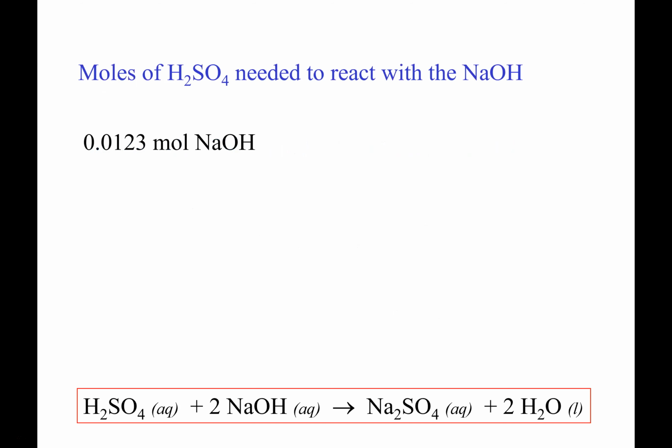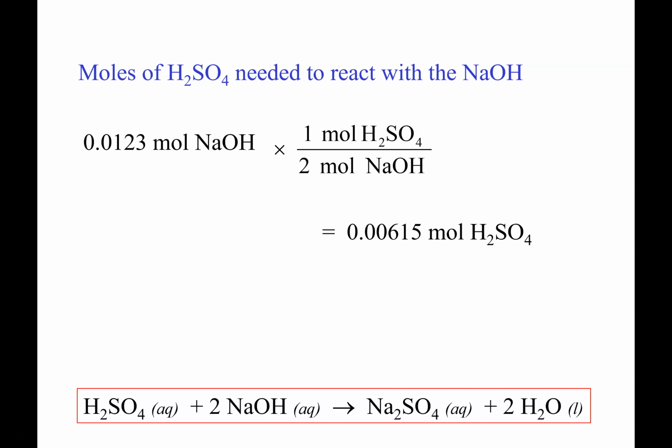I want moles of NaOH to cancel. I want to be left with moles of H2SO4. How does that look? 1 H2SO4 over 2. Yep. 1 mole of H2SO4 over 2 moles of NaOH. Perfect. I'm still allowed 3 sig figs, and that simple calculation will give me moles of H2SO4. So you're looking at 0.00615 moles of H2SO4.